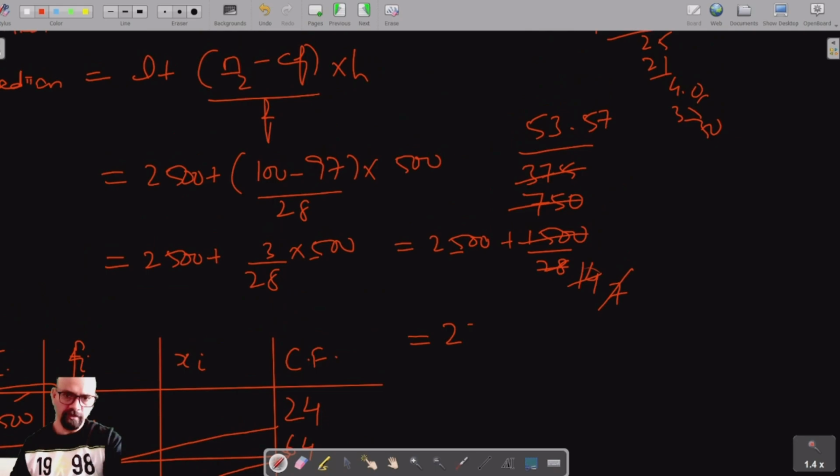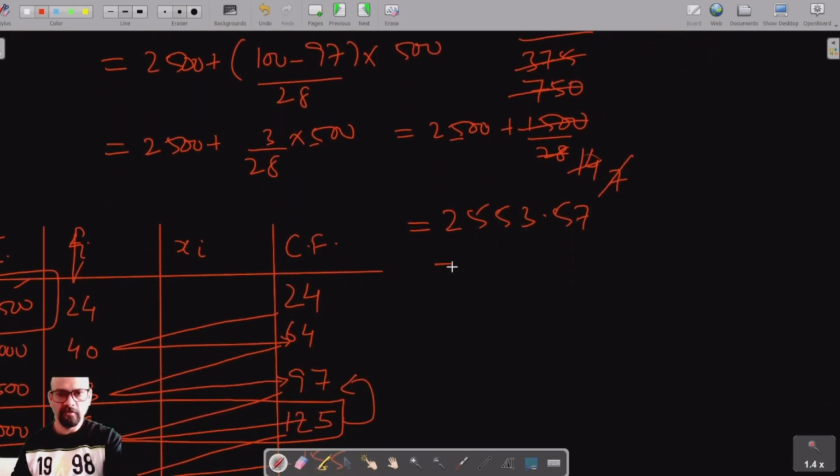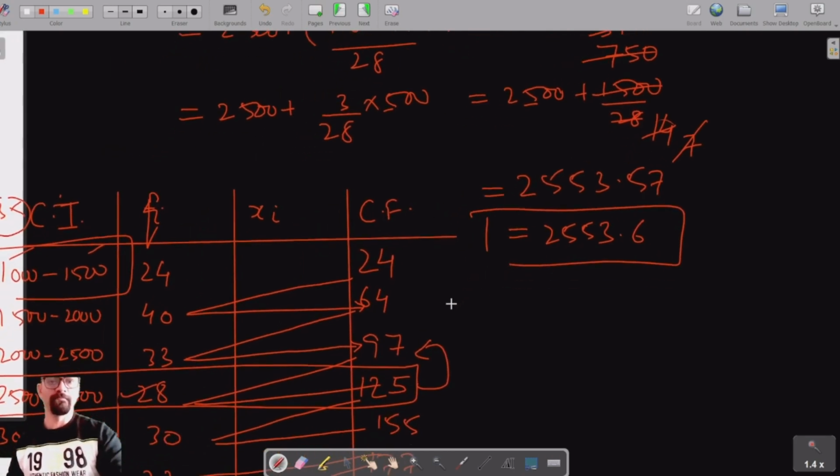If I add it to 2500, it gives me 2553.57, which can be rounded off to one decimal, which is 2553.6. So this is the median.